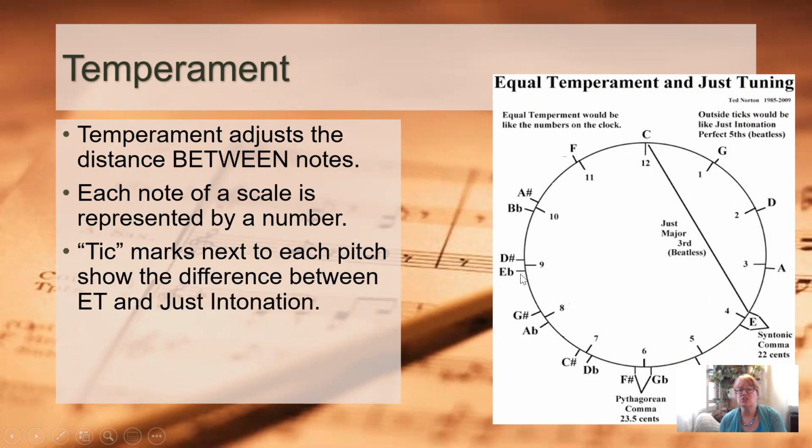E flat and D sharp are really not quite the same in just intonation, and what key you're going to play in will determine where you place the note. It's all done by ear because the musician listens for the beating between the notes, especially when tuning with other notes. So temperament is all about adjusting the distance from note to note.